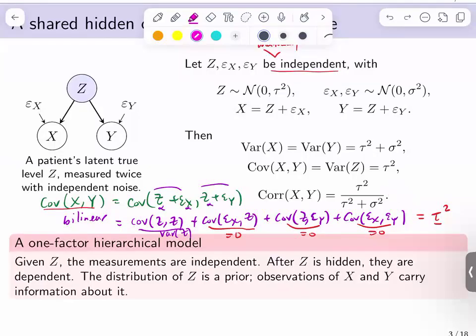In this construction, it's positive. They go together because they have the shared common factor z. So how can I make the correlation be negative? There's an easy solution. There are different ways, but here there's an easy one.